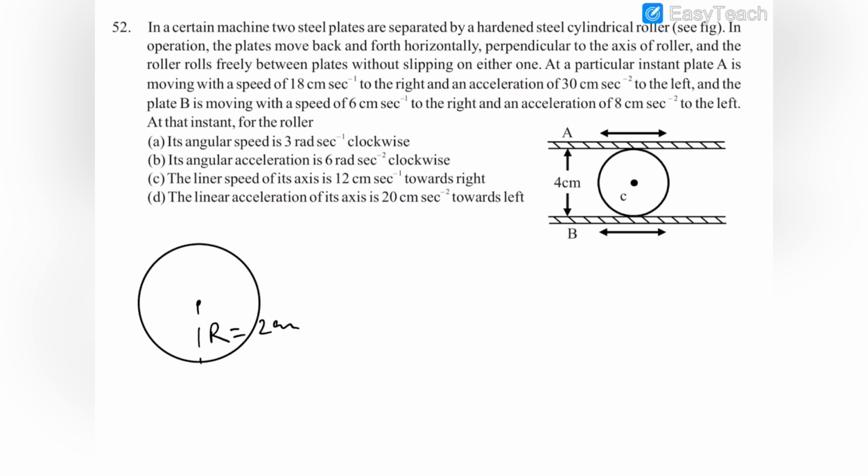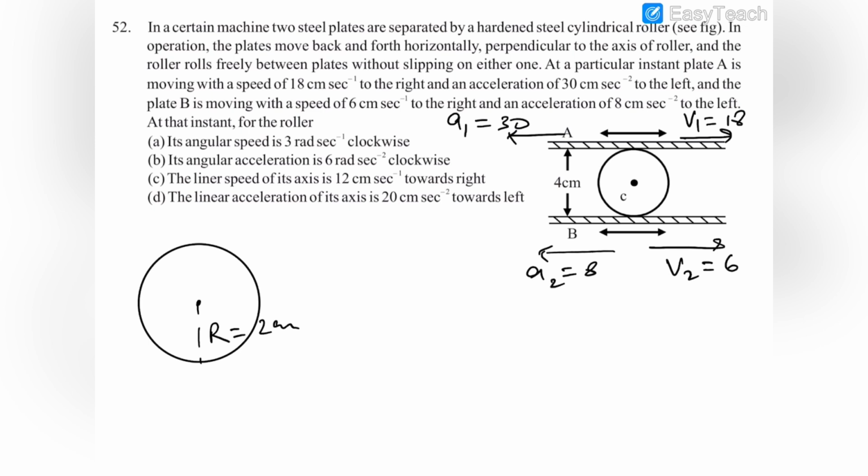Plate A has a velocity of 18 meters per second in the forward direction, v1 is equal to 18, but its acceleration is in the backward direction, which is 30. Plate B has a velocity of 6 in the forward direction and its acceleration in the backward direction is 8.